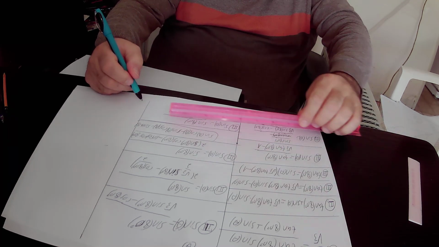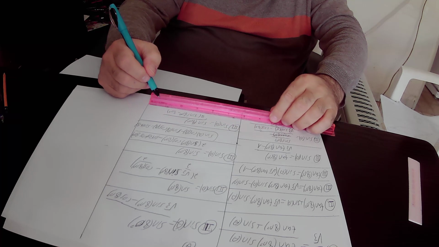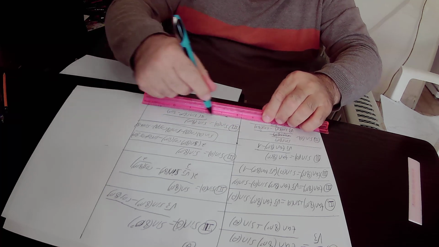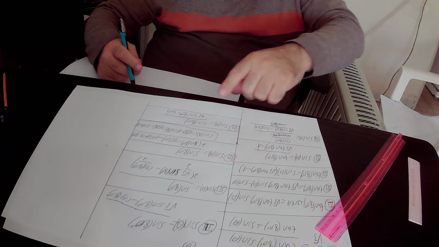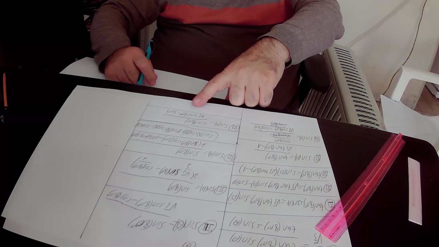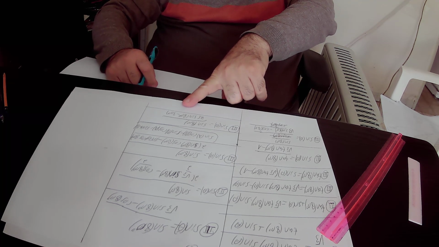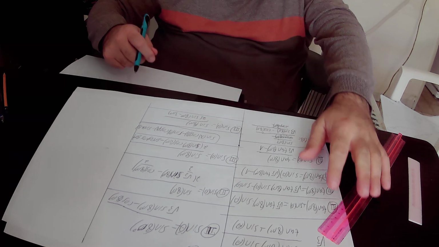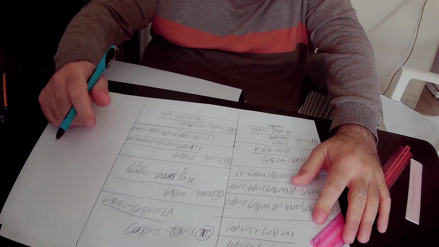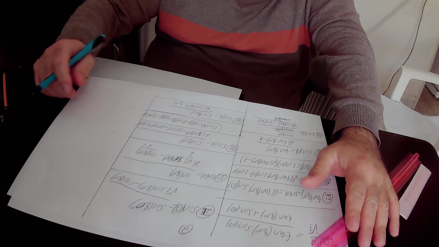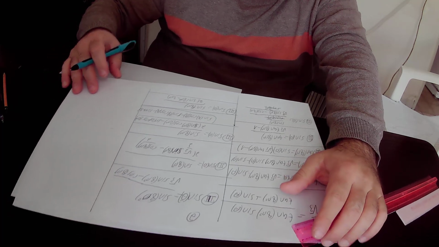So in conclusion, we found out that according to equation number 3, sine theta equals sine 80 degrees over 2 times sine 80 degrees minus 30 degrees. 80 degrees minus 30 degrees is 50 degrees.